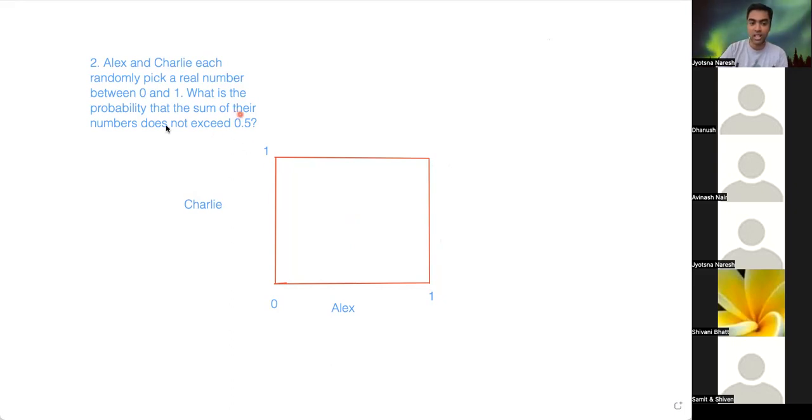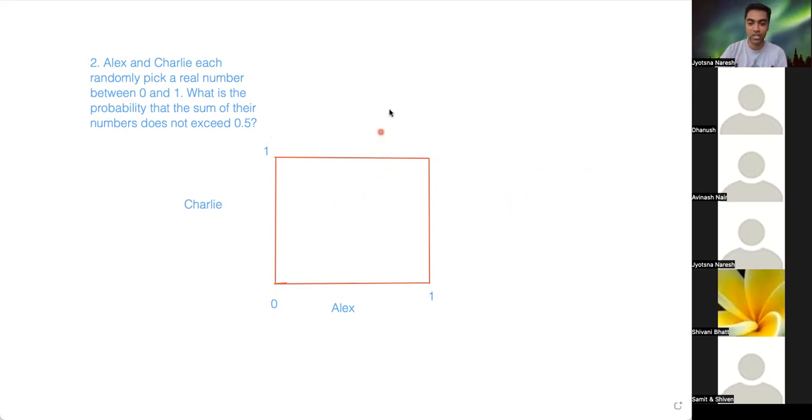Okay, so we want the sum of the numbers not to exceed 0.5. So if Alex chooses 0, what is the maximum that Charlie can choose for this to be true? Good, 0.5.